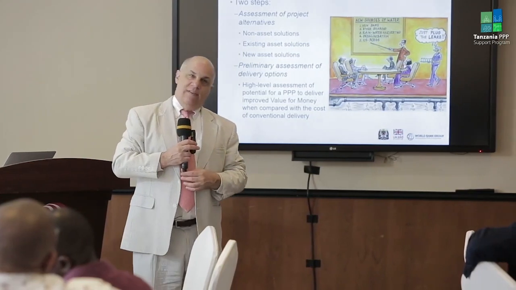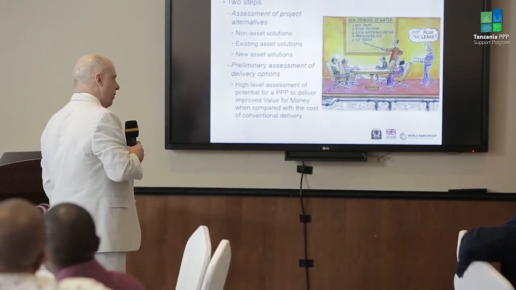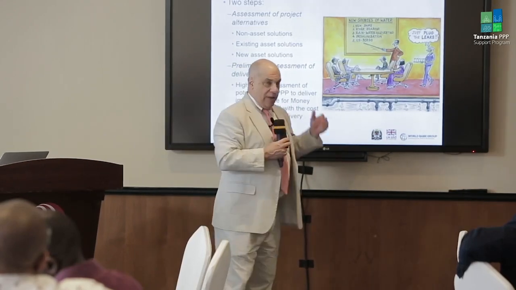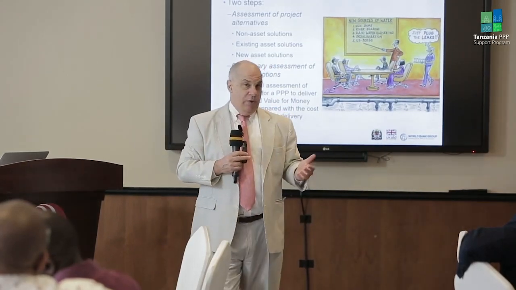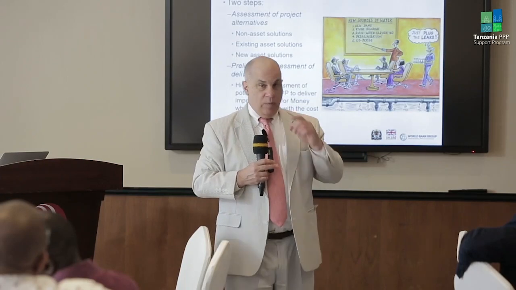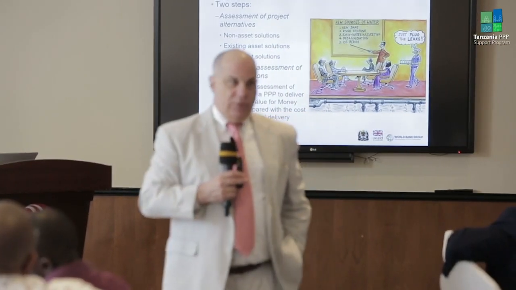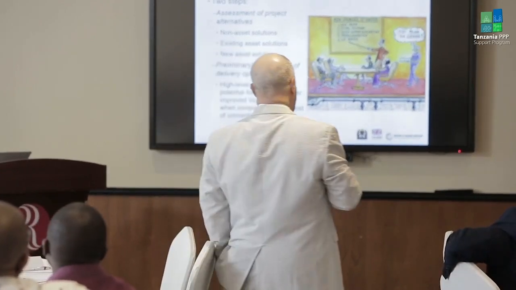So for instance, and I stole this cartoon from my colleague Ned, a lot of places here in Tanzania, here in East Africa, there's a need for clean water. Well, there's all sorts of options for doing so.